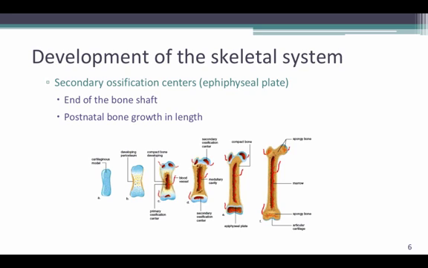The secondary ossification centers exist in the end of the bone shaft, and these contribute to postnatal bone growth. We can see that the epiphyseal plates are at the end of the bones, and they continue to lengthen the bones as they grow.